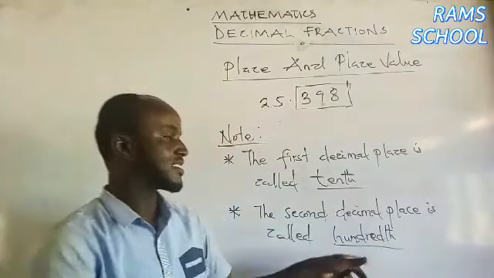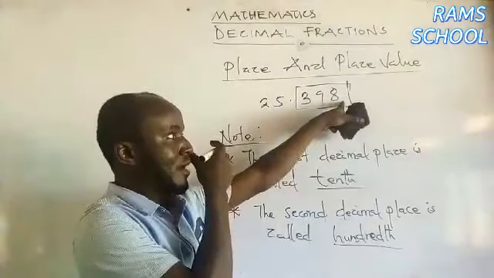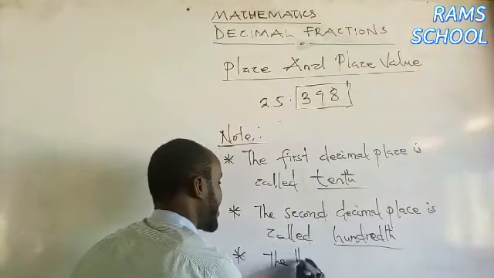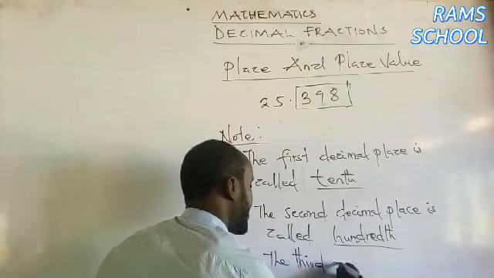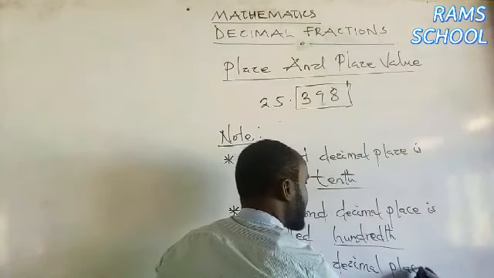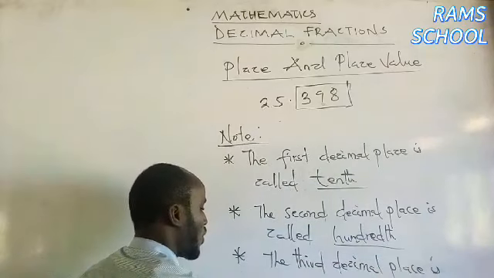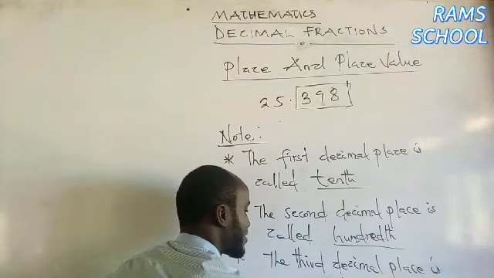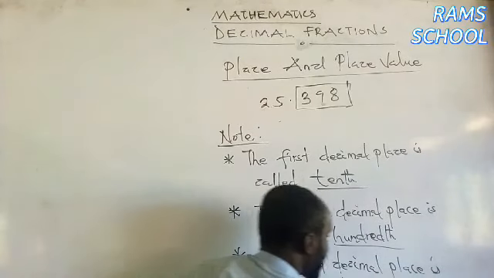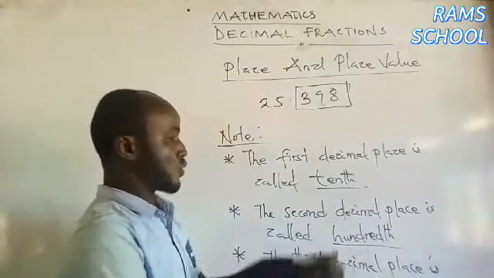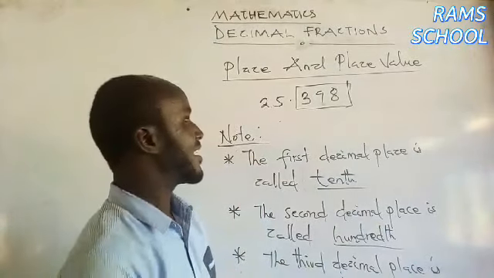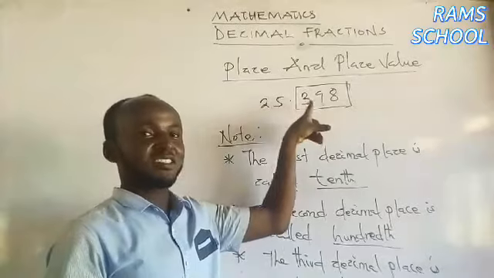And the third decimal place, which is the 8, is called thousandth. You must know the spelling very well. Thousandth, T-H.